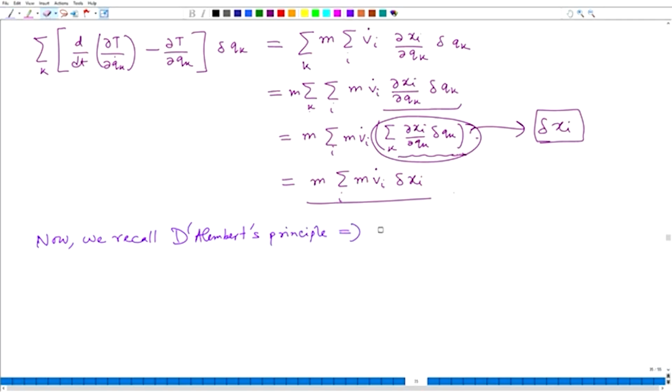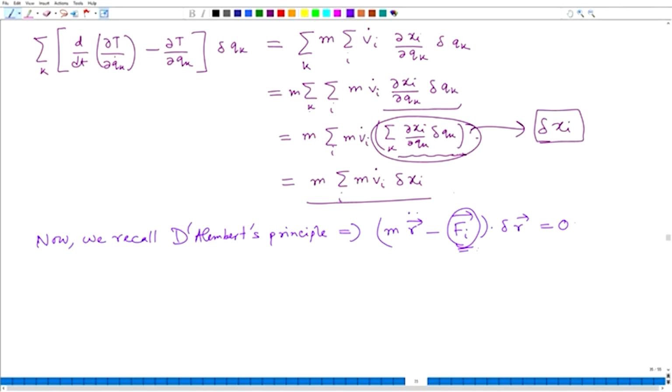So, you see that D'Alembert's principle simply says that m r double dot minus f i, okay, dot delta r is equal to 0, where this one is the force acting on the particle excluding any force of constraints. Okay. That is true.